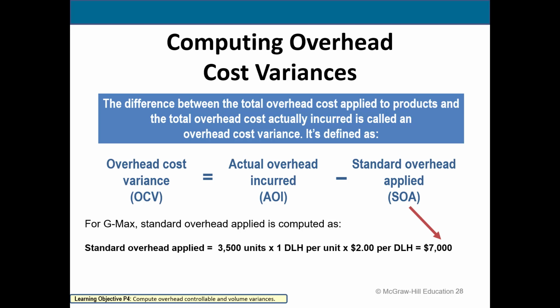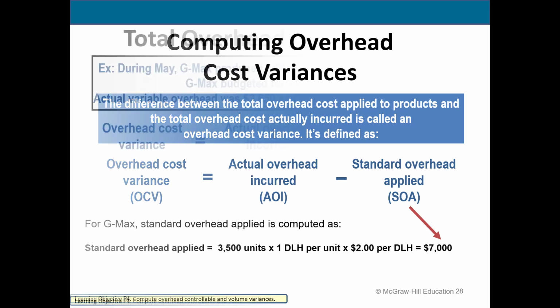And remember, the standard is based on 1 direct labor hour per unit times the $2 per direct labor hour. So if they made 3,500 units, they multiply that by 1 direct labor hour times $2 per direct labor hour to get 7,000.